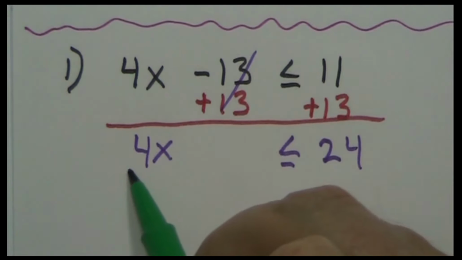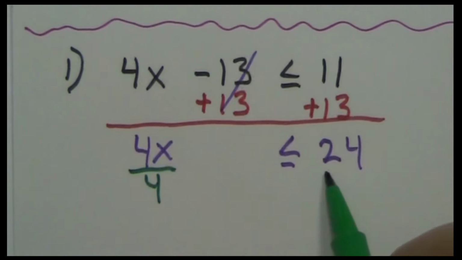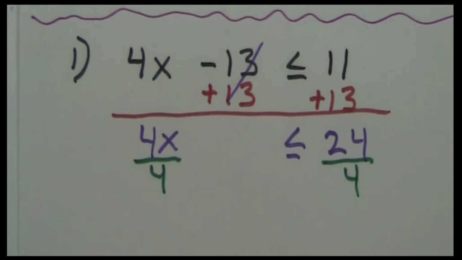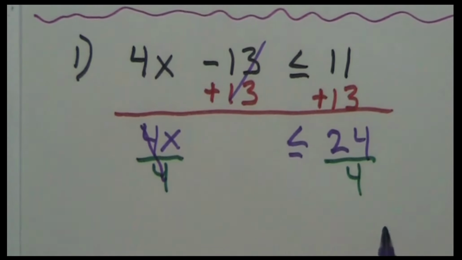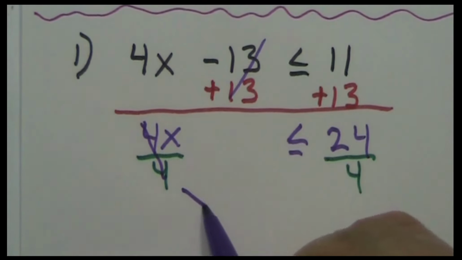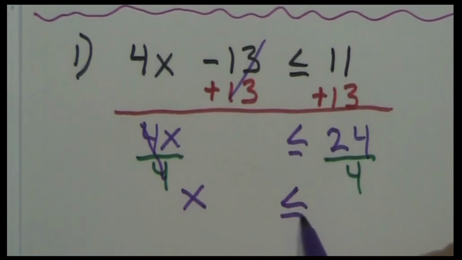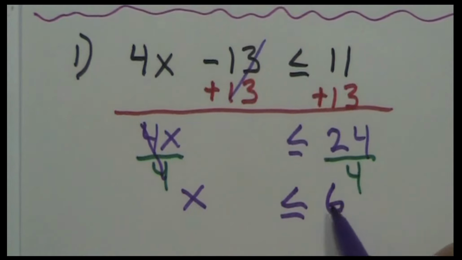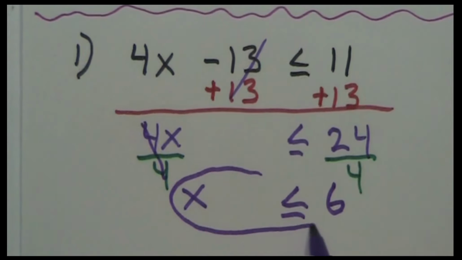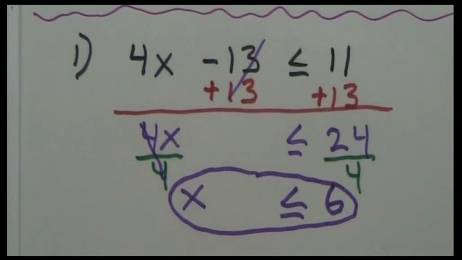Okay, get the x by itself. I divide by 4. Divide by 4. By doing that, this becomes just a 1, and you're left with x. On the right side, 24 divided by 4 is 6.